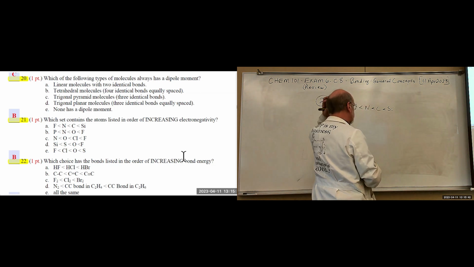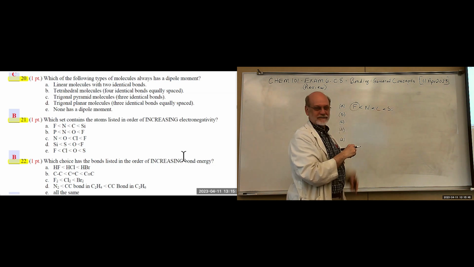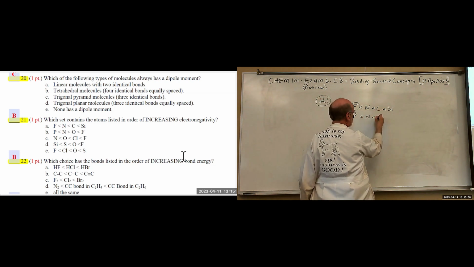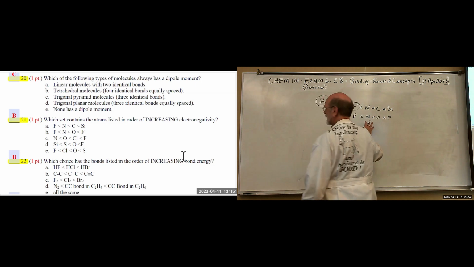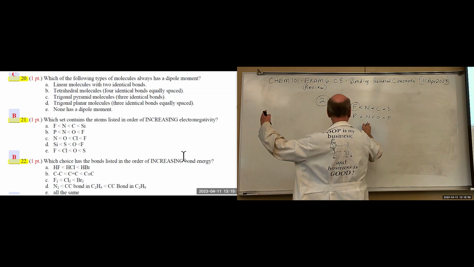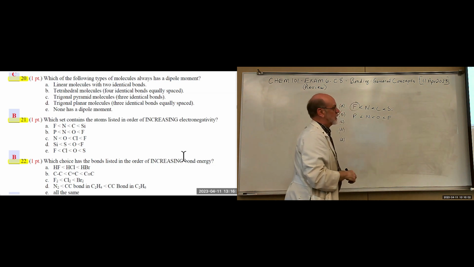Increasing electronegativity? I don't think so. Because of that one. It should be on the other end. How about this one? P, N, O, and F. Okay, F's in the right place. How about P and O? P's lower left, then nitrogen, then oxygen, then fluorine. Yeah, this one's good. Oh, we found our answer.